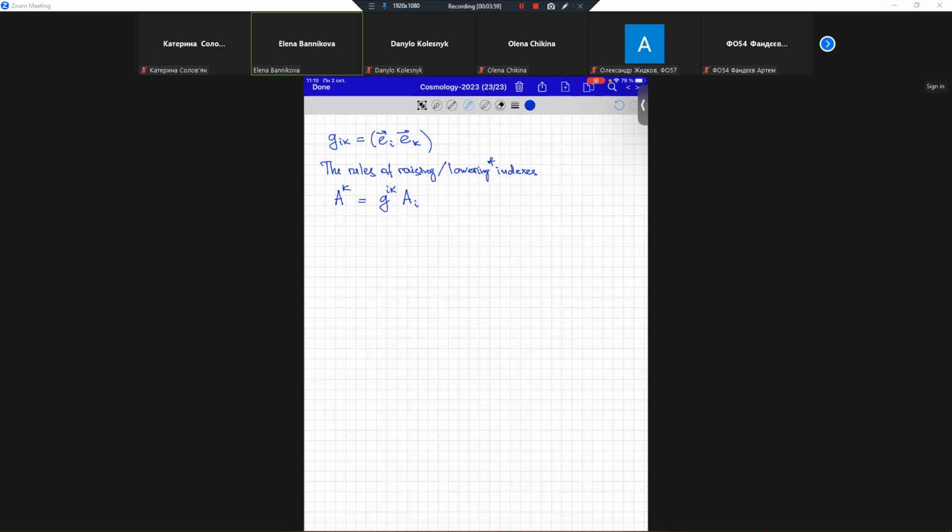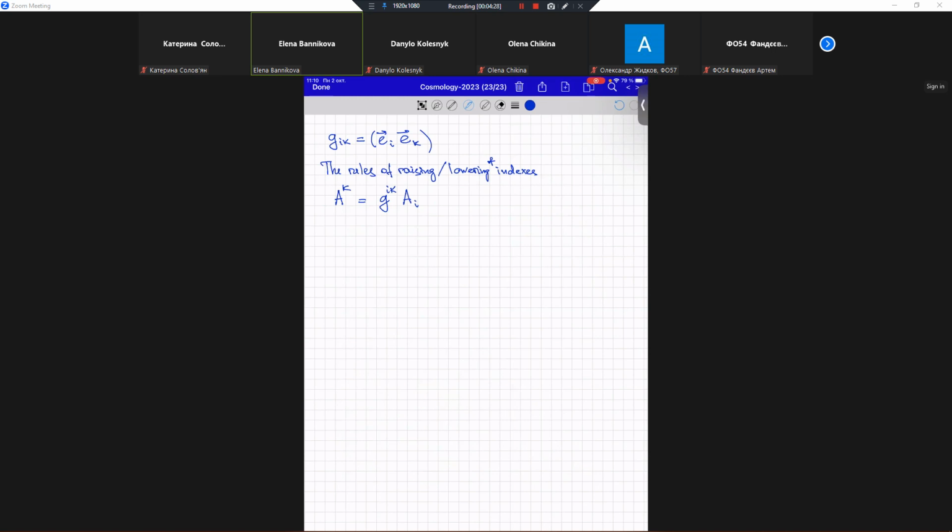In our languages we sometimes call such an index k a speaking index. It tells us which index should be kept on the left side.